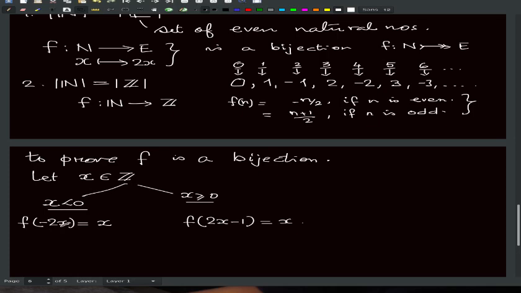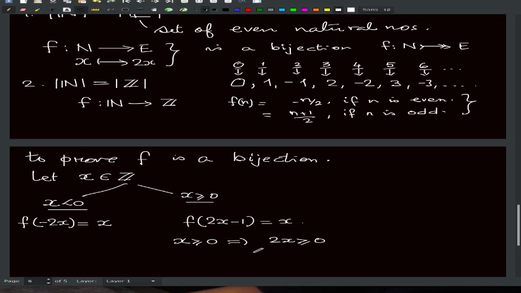If x is negative, then minus x is positive, and 2 times minus x is a natural number. And x is greater than or equal to 0, so 2x is greater than or equal to 0.